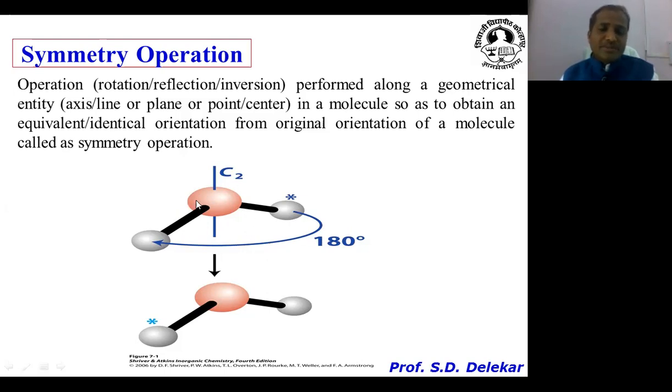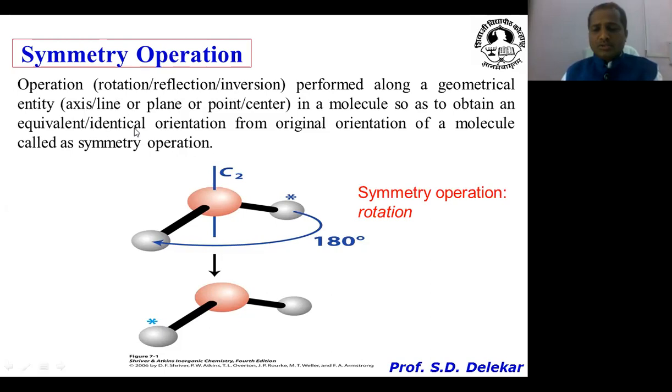In such cases there is simply a rotation, not a symmetry rotation. Symmetry rotation, symmetry reflection or symmetry inversion means that when you operate such operations on a molecule through a geometrical entity, you get either an equivalent or identical orientation from the original orientation of the molecule.